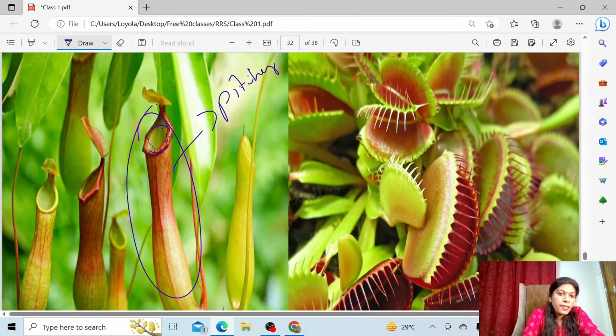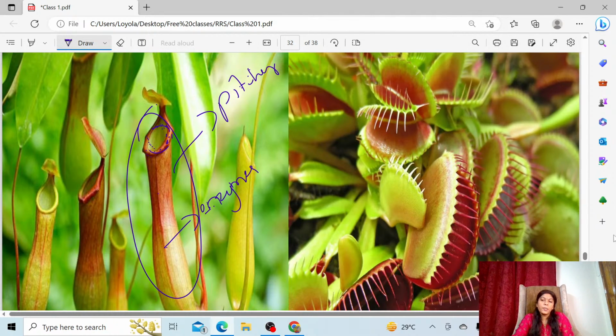When an insect comes and sits here, what happens? They will stick here. Okay, the insect's wings and all will stick. After that it will slide inside its body, inside this organ, and here there will be secreted digestive enzymes, like how in our stomach we have enzymes, same way they will have digestive enzymes, and then the insect will be digested inside, and the plant will use the nitrogen from the insects.